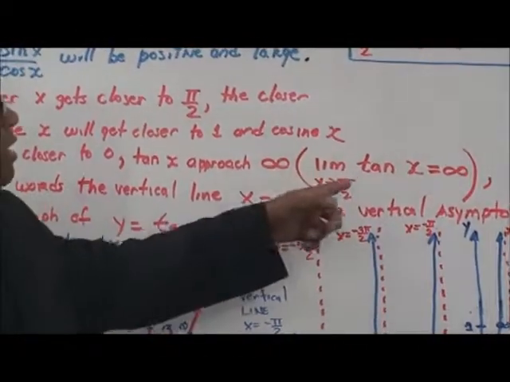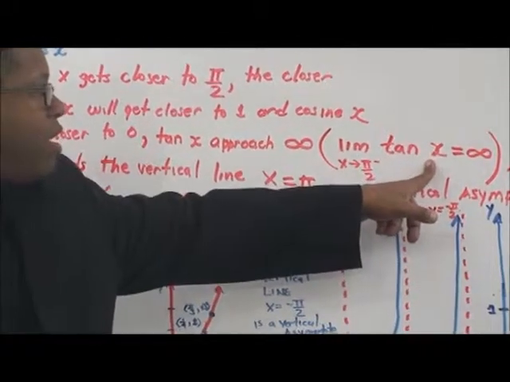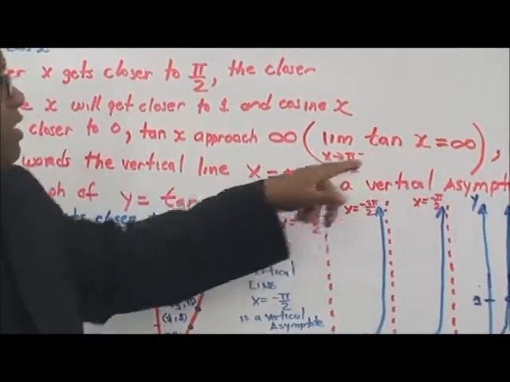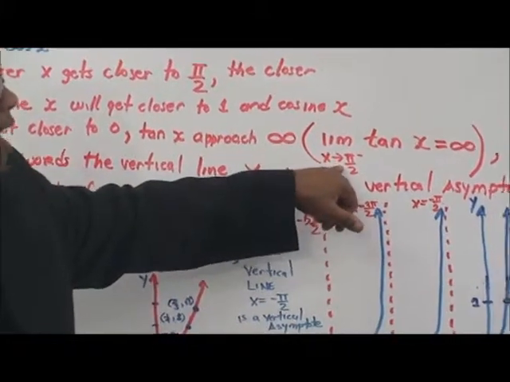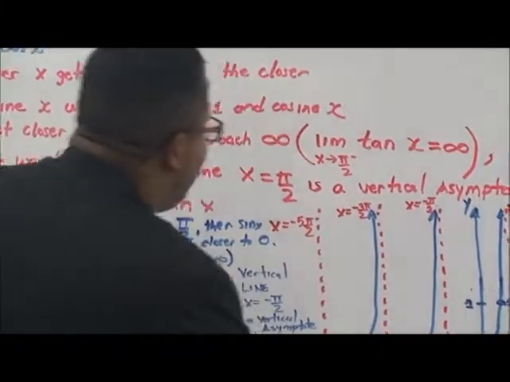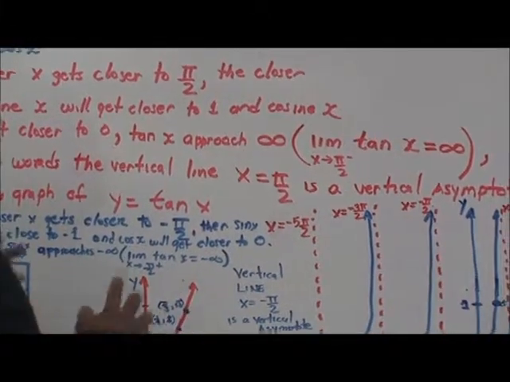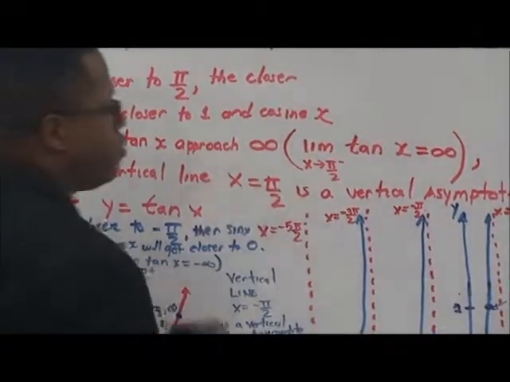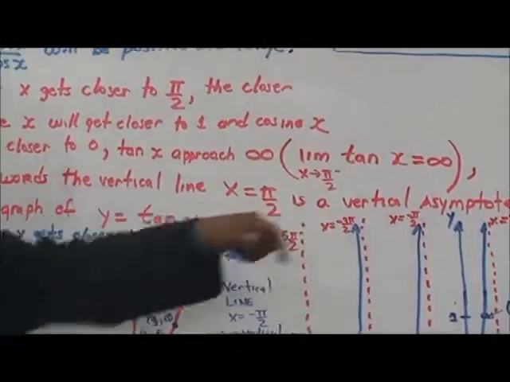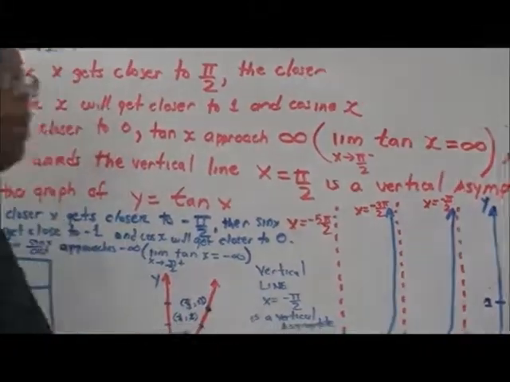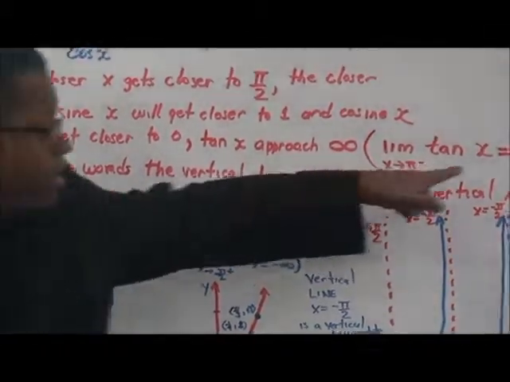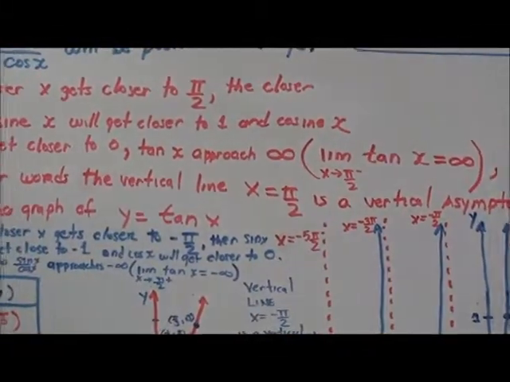And that is the limit of tangent x as x approaches pi over 2 from the left-hand side. That limit will be equal to infinity.